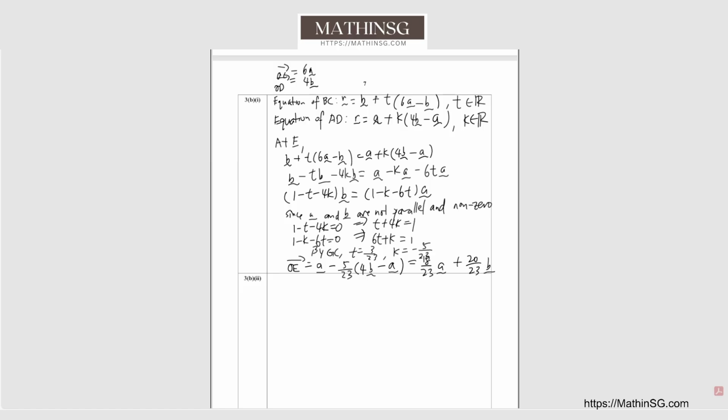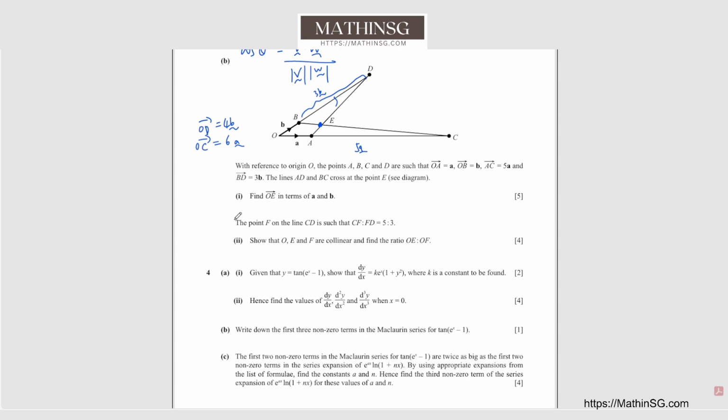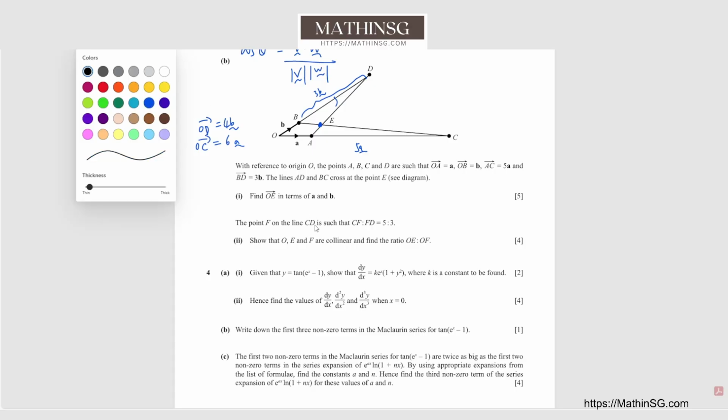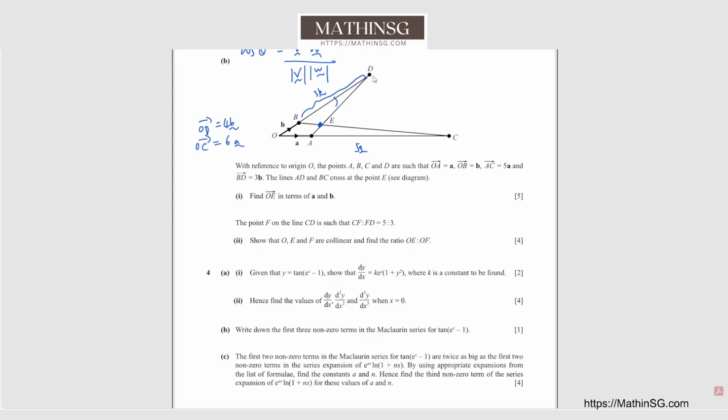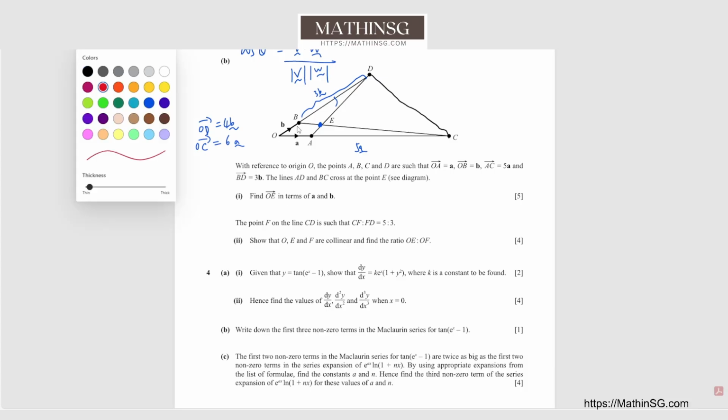Right? Now the point F on CD is such that CF is to FD is 5 is to 3. So we know that F lies on the line CD, right? So let me join it here. And I also know that O, E and F are collinear.